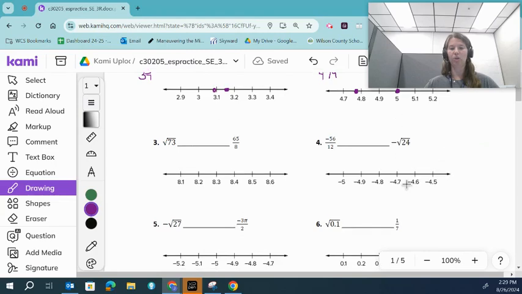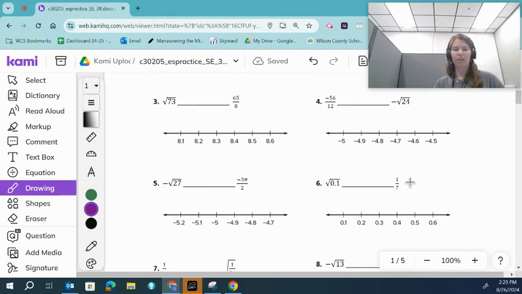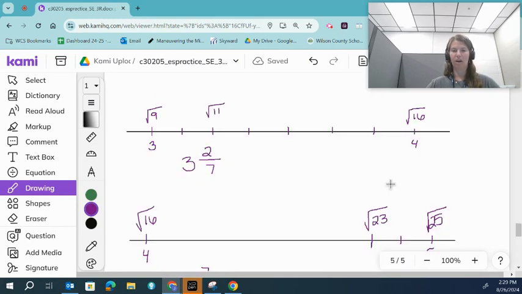Okay, there are several more examples that you can look at here. I come down to number 5 that has this pi symbol involved here, and we've got negatives involved here. So we have the negative square root of 27, where again, I would use a number line to help me on this.